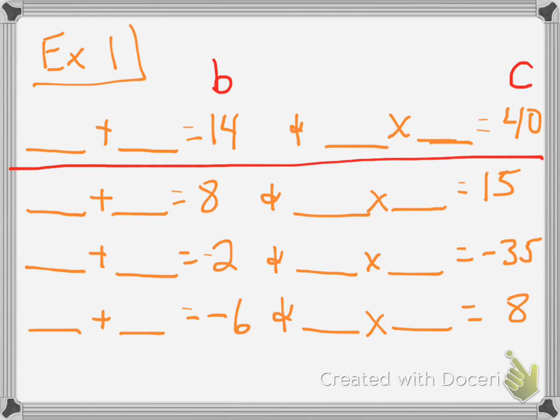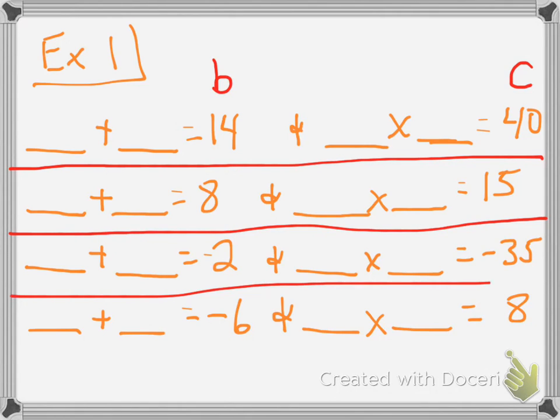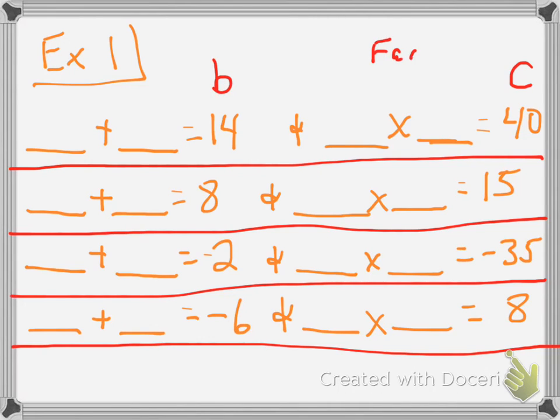These are all different problems here. The goal is to just get you thinking about factors of numbers. This side's going to be more or less your factors. Factors of C that will add to give me B.